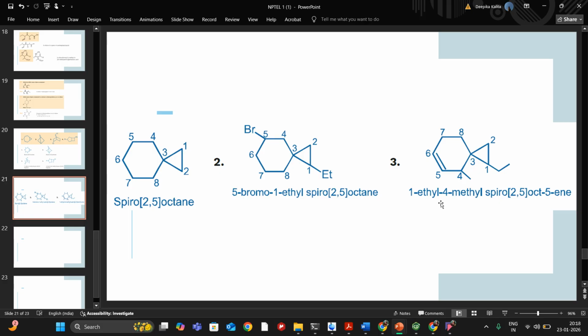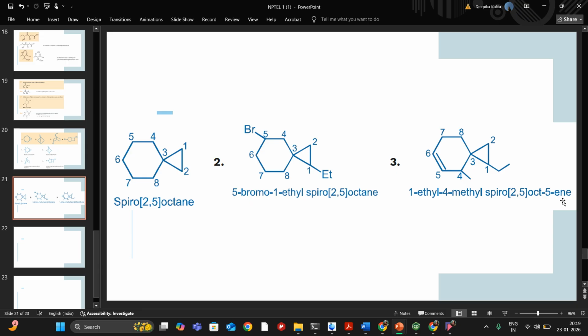Hence the name will be 1 ethyl, 4 methyl, spiro 2,5 oct-5-ene. 2,5 because one ring has 2 carbon atoms and the other ring has 5 carbon atoms.